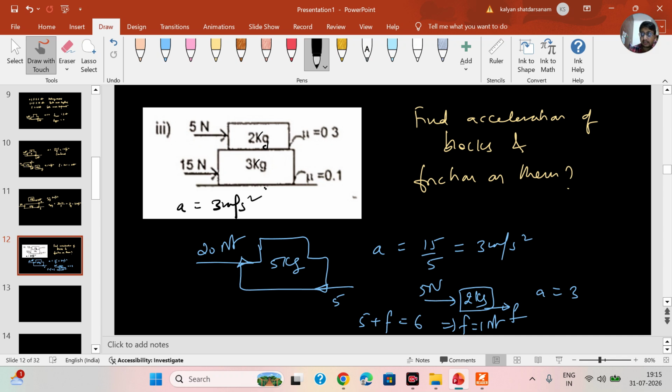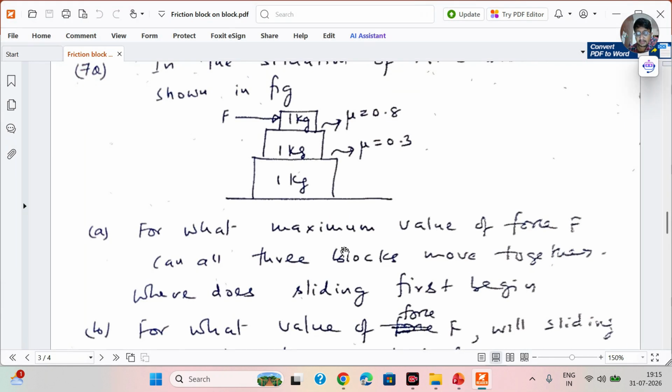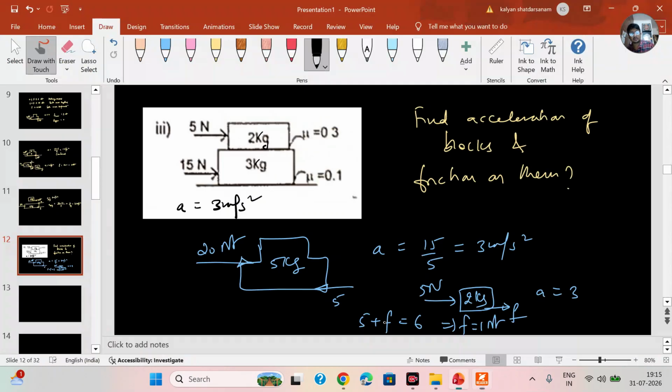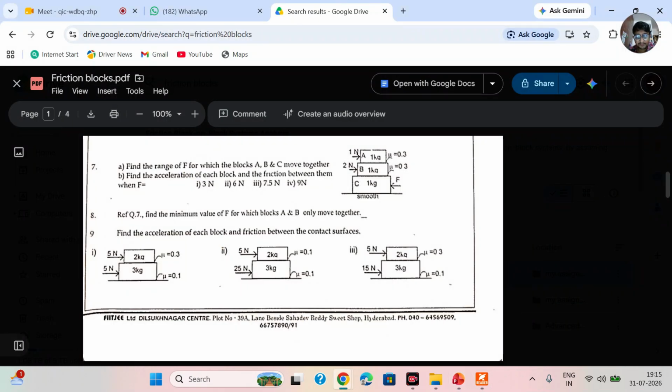Okay, so a bit tricky, because the moment you took friction on 2 kg to left and tried to solve it, you got it negative. That's not possible physically. So we reversed the direction and recalculated it. So sometimes there can be these kind of tricky questions.